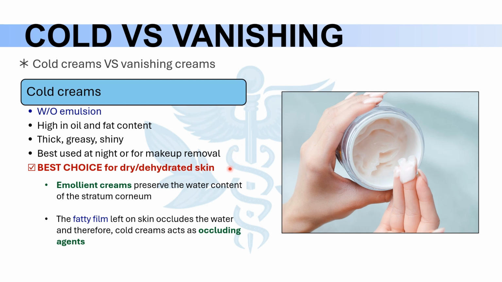Cold creams are the best choice for dry and dehydrated skin, as the dehydrated stratum corneum is softened by the water in the emulsion, and the oily portion of the emulsion forms a fatty film on the skin, blocking the evaporation of the water content and therefore acting as an occluding agent.